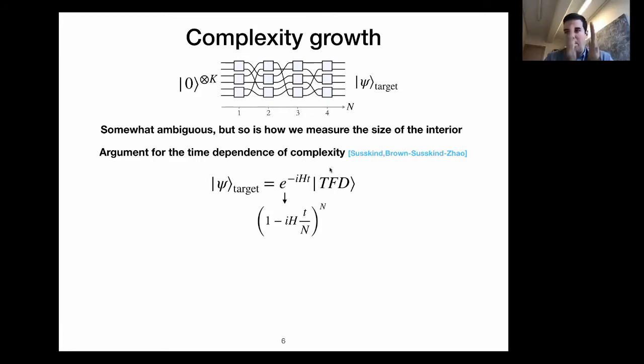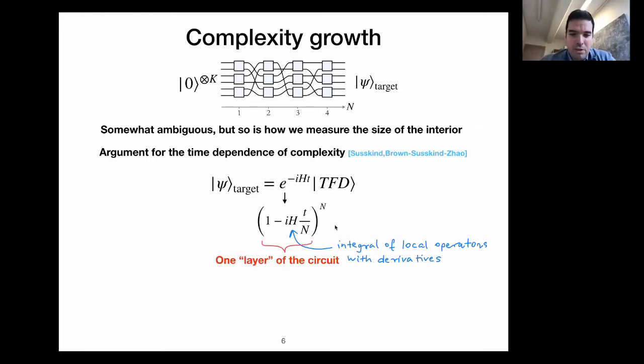You can break it up into small layers of small time steps, and then the Hamiltonian is like an integral of some local operators. So you can think about it as these simple operators, two-qubit gates, and there's a whole layer of them. And then you apply this, let's say, some capital N times in this discretization. So it's clear from this. Yeah, so this is what I just said.